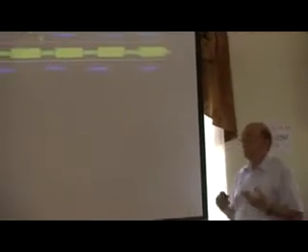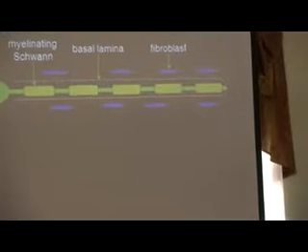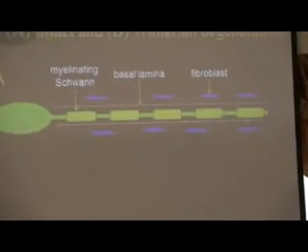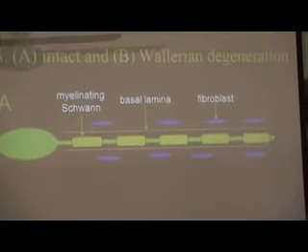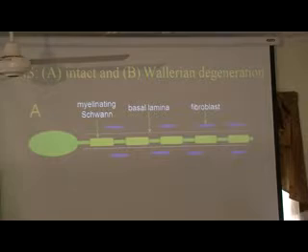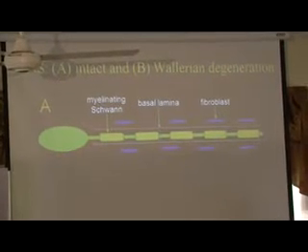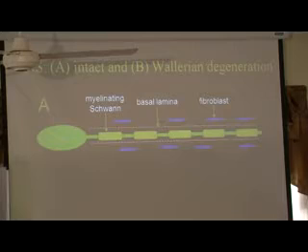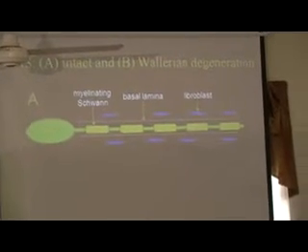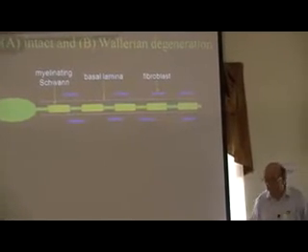So we turn to look again at the cellular composition of the peripheral nervous system, and I'll remind you, basically, what we have is axons which are surrounded by myelinating Schwann cells. In between fibers, we have fibroblasts.